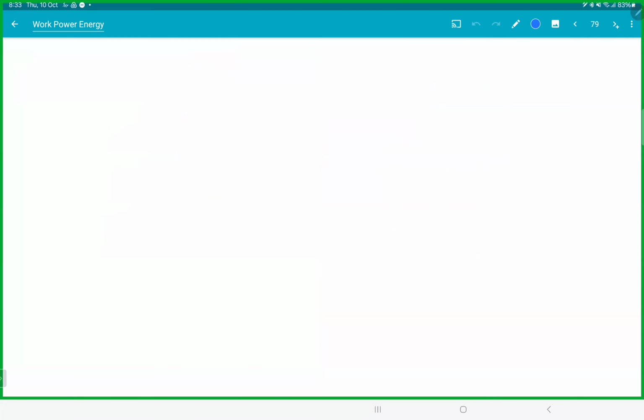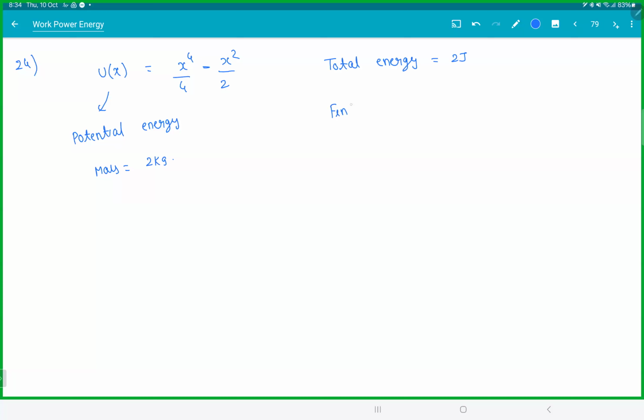Last one. U of x is x power 4 by 4 minus x square by 2. This is your potential energy. Mass is 2 kgs. Total energy of the system is 2 joules. Find the maximum speed of the particle.